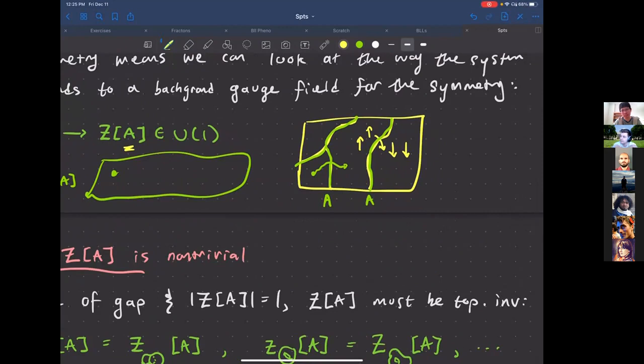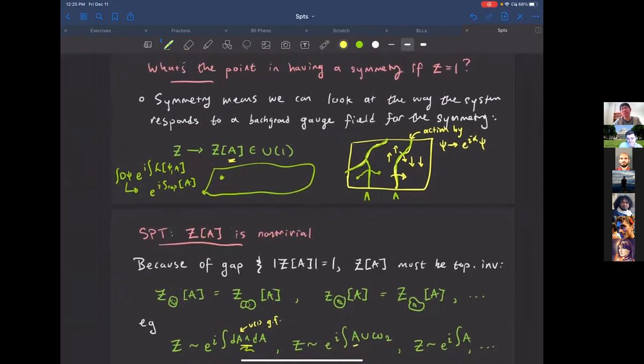So you can think of the same thing here in the U1 case, except this becomes like an action: if I have my matter field phi, it goes to e^{iθ} phi, something like this, when I cross this thing. I see. Thank you.